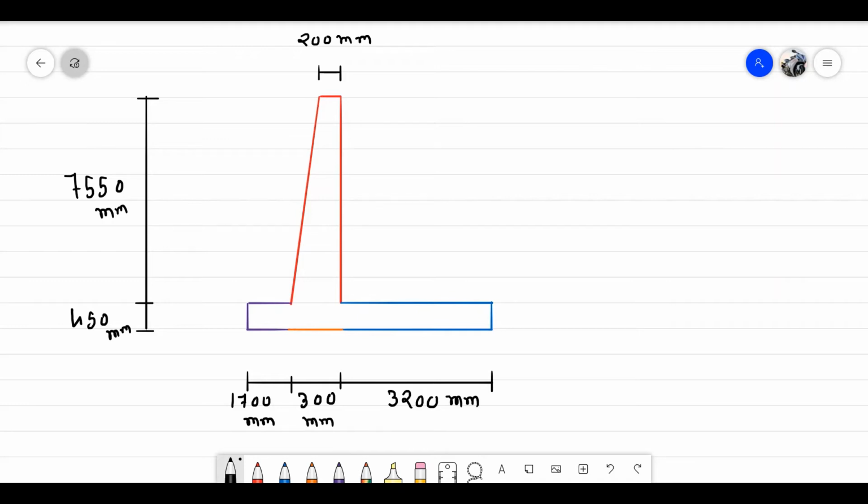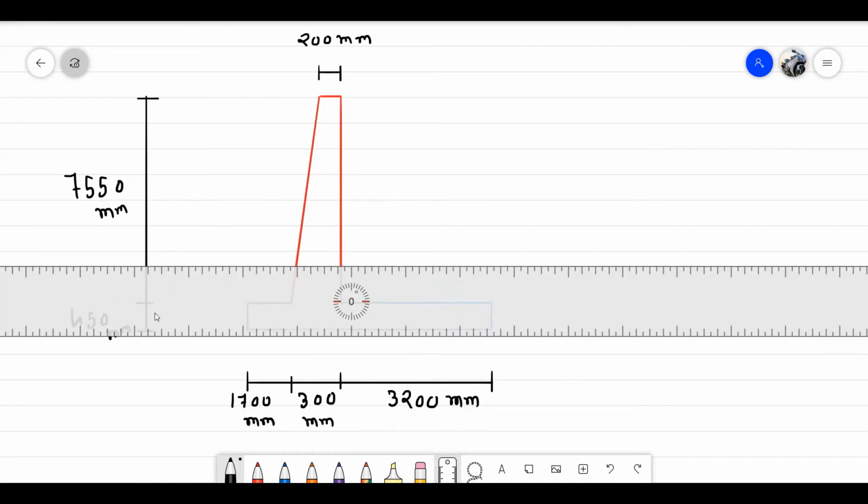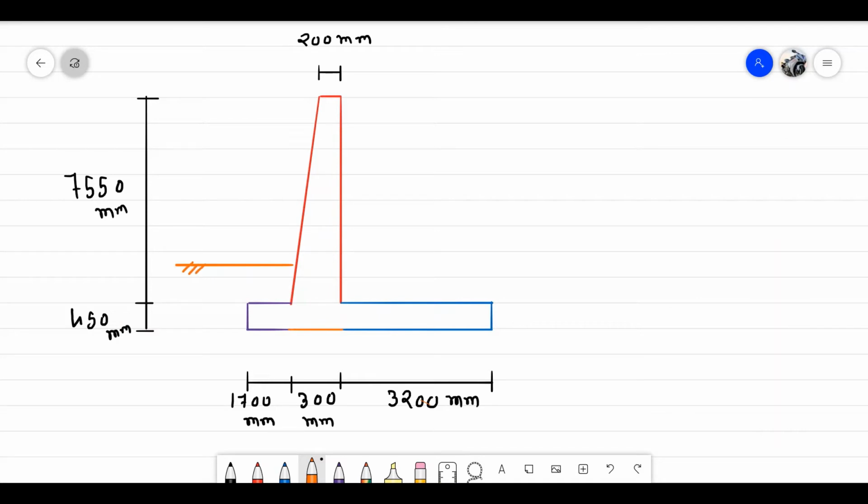But one more thing which we forgot about. I'm not forgetting, I just neglected these things. Ground level. Here the dimension is 1 meter height, right?